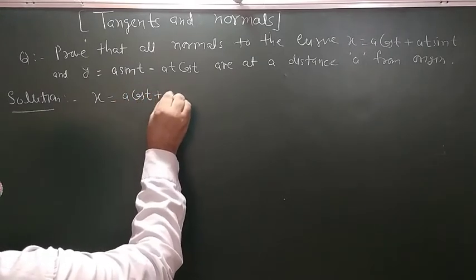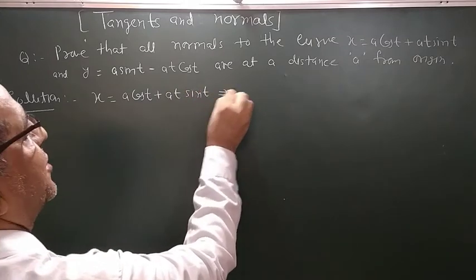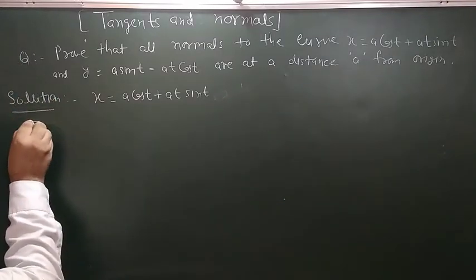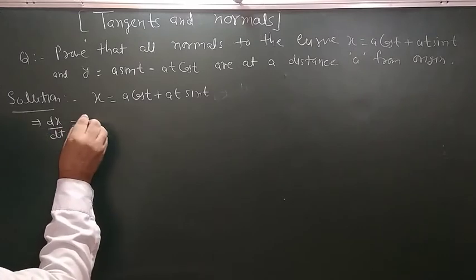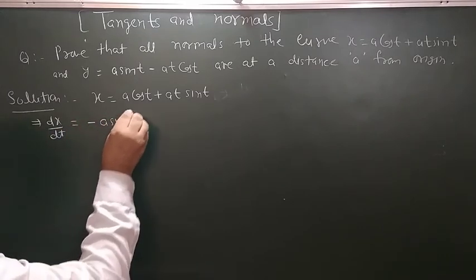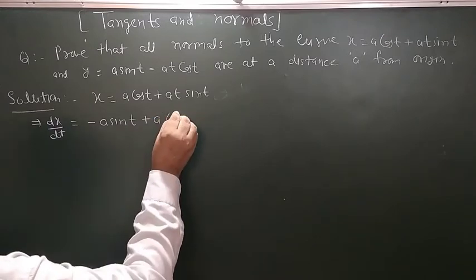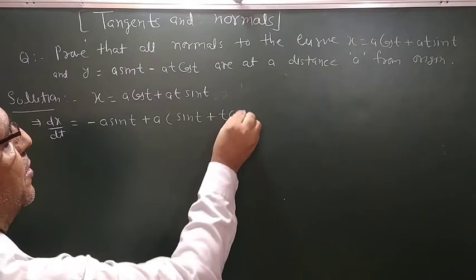So here x = a cos t + a t sin t. Now differentiate. So now dx/dt is equal to minus a sin t plus a, applying the product formula, (sin t plus t cos t).